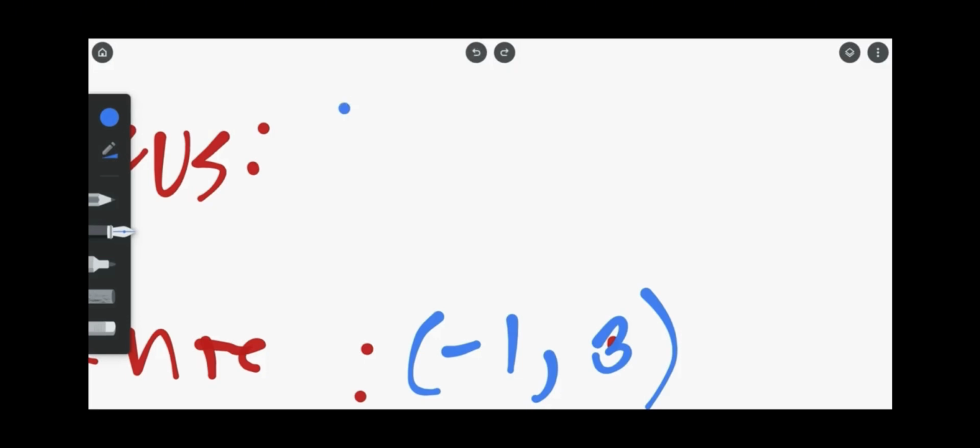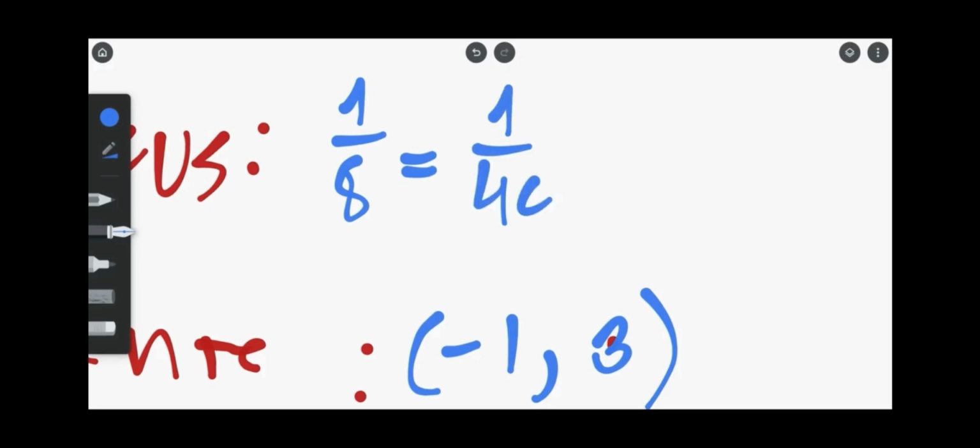Just worry about the a, which is this. This will equal 1 over 4c. Well, c is just 2 because 2 times 4 is 8.